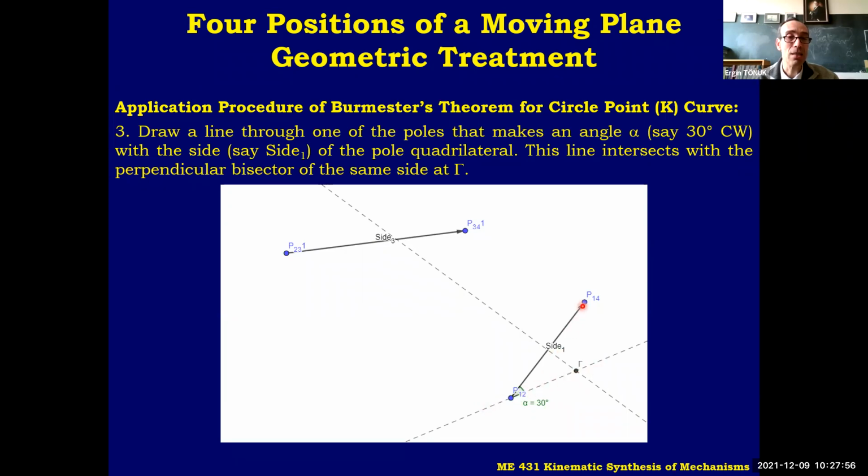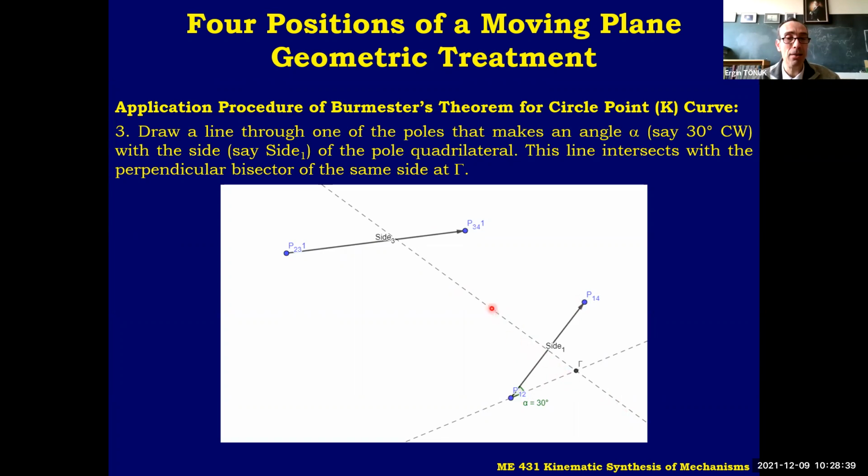And as you see, since I have selected this as the directed line, actually the negative end or tail of the vector makes the vertex of the angle. And I measure this angle clockwise, okay? These are all important. And I also drew the perpendicular bisector of this side, which is this line, okay?